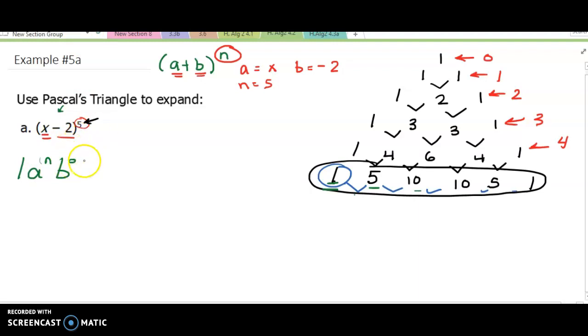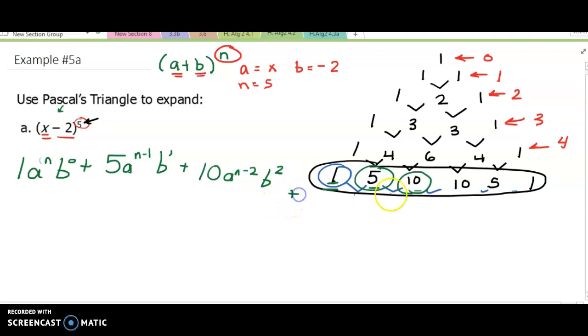So this would just be plus. Now the coefficient of my next term is 5, so it's going to be 5, and then a to the n minus 1, I decrease by 1, b to the first. Next, 10 is going to be my coefficient, so it's 10, a to the n minus 2, and then b squared.